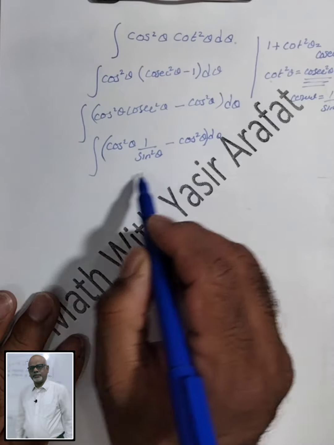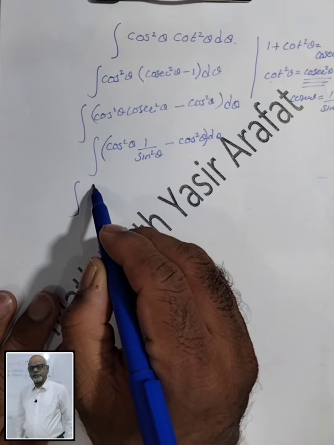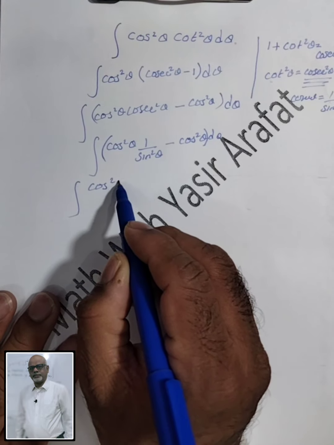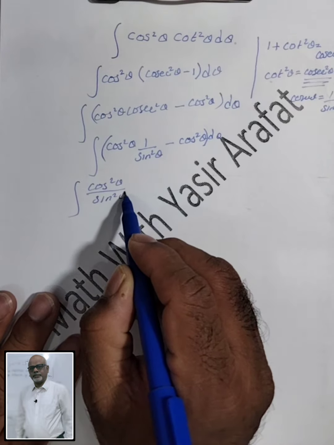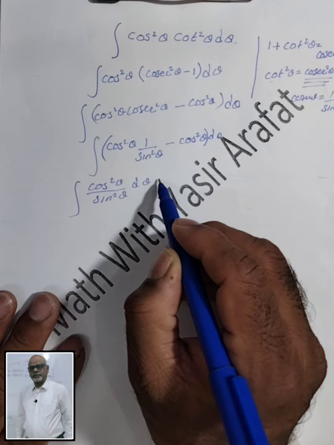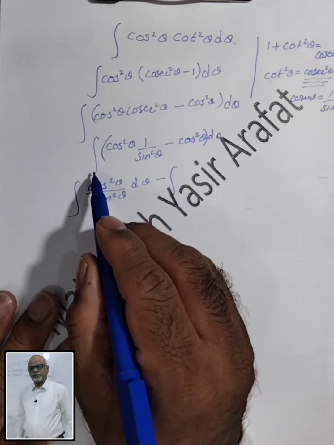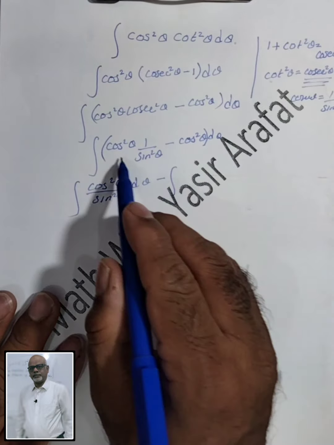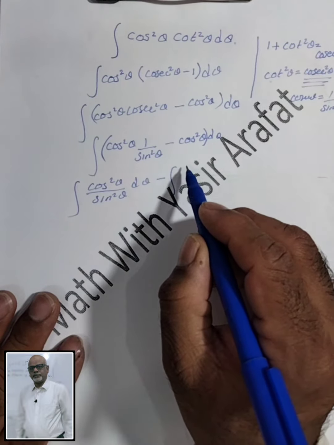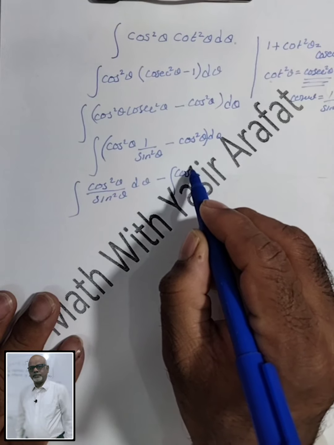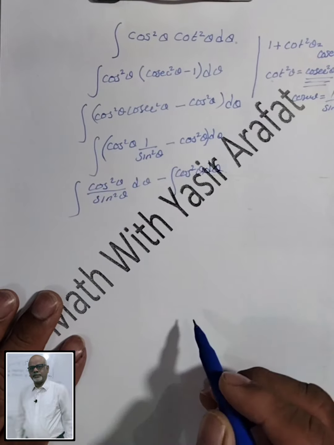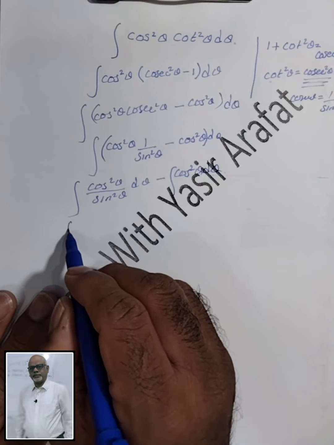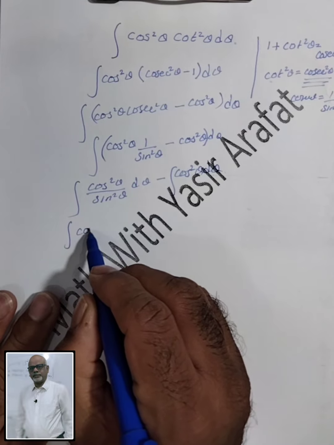Now we separate these: cos square theta over sin square theta into d theta. The sign of integration and d theta multiply by this one and this one. And this is cos square theta d theta. Now cos upon sin equals cot theta.